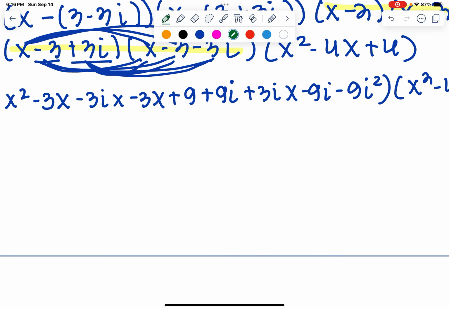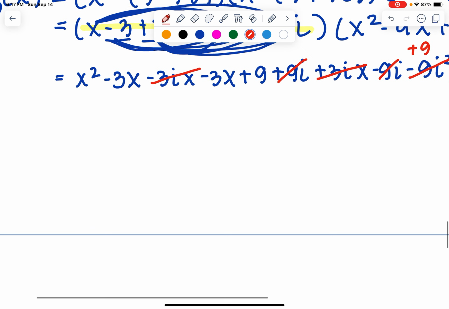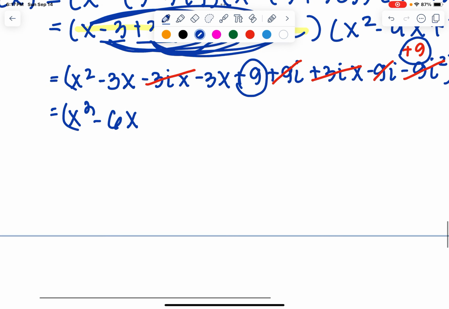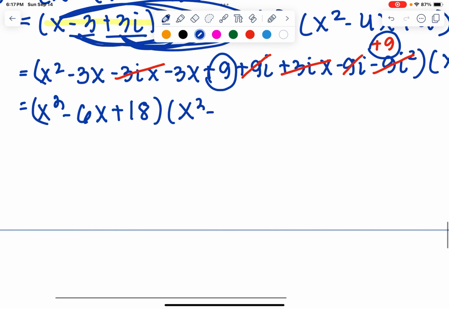So I have a negative 9i squared, which is positive 9. This negative 9 and this positive 9i cancel. This negative 9i and positive 9i. 3ix and negative 3ix. And then we have x squared minus 6x, a 9, and a 9 is plus 18, times x squared minus 4x plus 4.